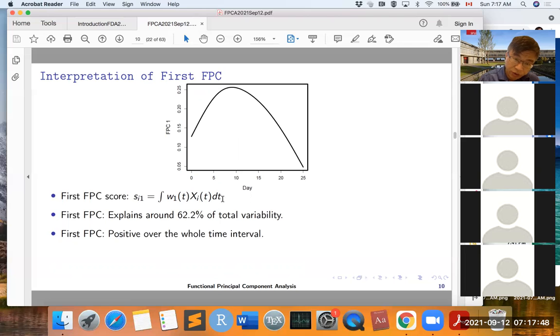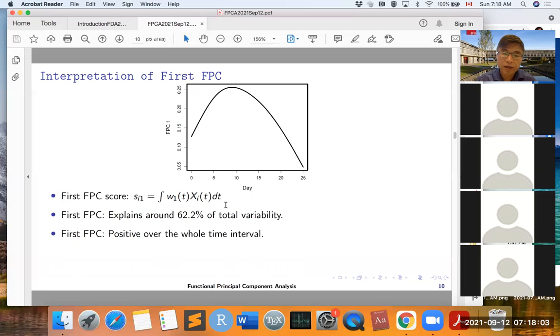This is to show the FPC scores. I find that it's easier to interpret the FPC by looking at this formula, how we calculate the FPC scores.